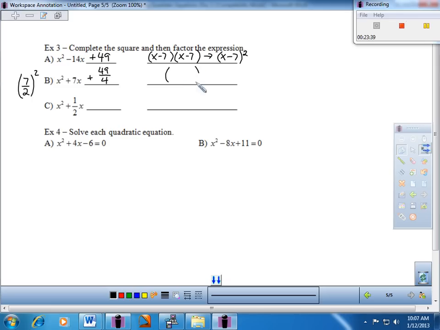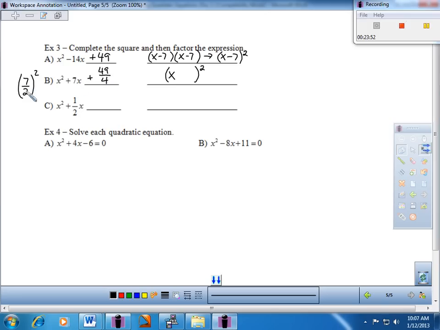Now the whole reason for doing this is because when we factor it, it's the same factor times itself. So the question is, what times itself would give me this right here? Well, we all know, of course, x times x is x squared. And we would look at this and be like, what times itself is 49 over 4?